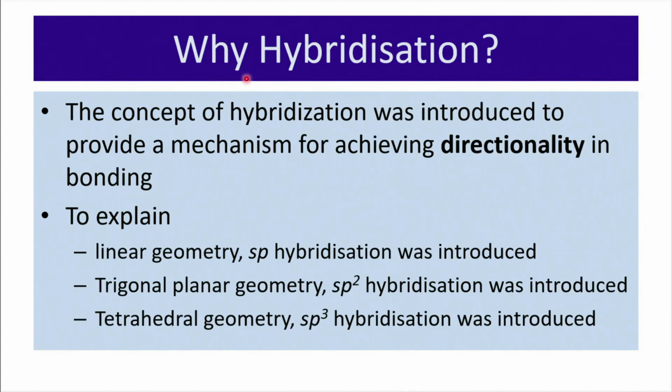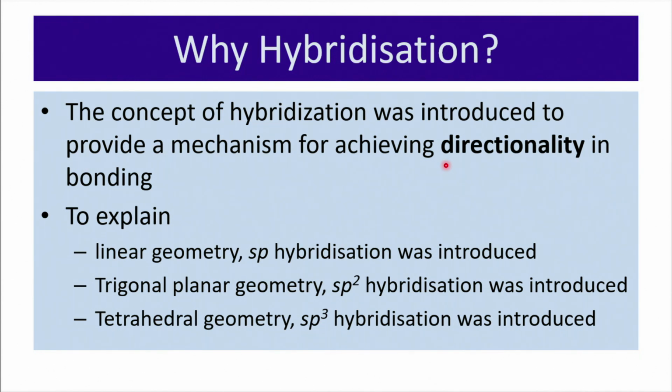Why do we need hybridization? Let us answer this question. The concept of hybridization was introduced to provide a mechanism for achieving directionality in bonding. So when bonds are formed, how the directionality occurs is explained by hybridization. For example, the methane molecule has a tetrahedral shape.